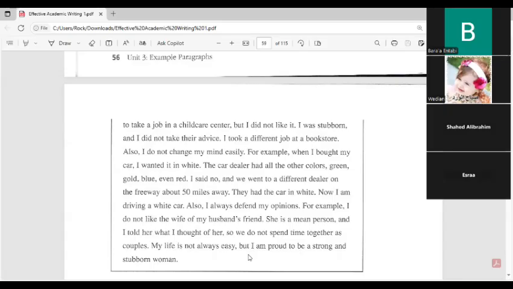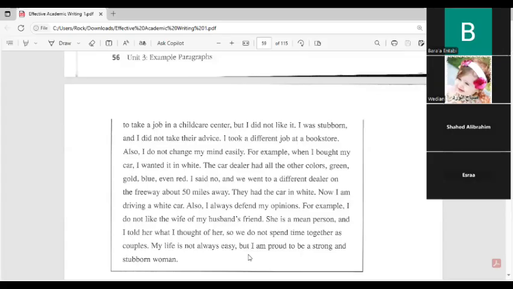Also, I always defend my opinions. For example, I do not like the wife of my husband's friend. She is a mean person, and I told her what I thought of her.